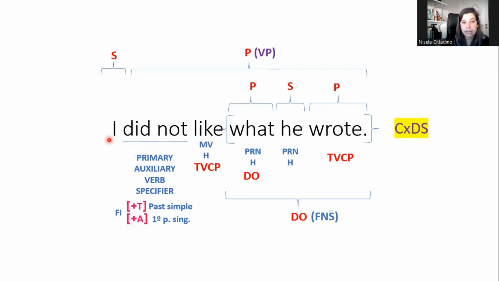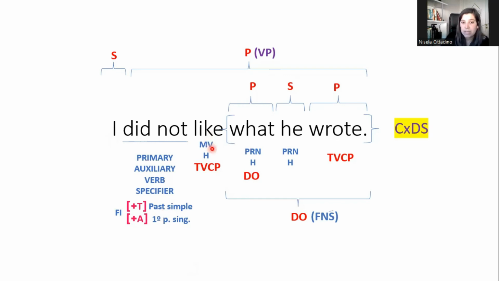You look at the subject. In this case, it's the first person singular. If it says he, she, or it, it would be the third person singular. If it would be we, it would be the first person plural. Okay, and so on. Like is the main verb of this verb phrase.